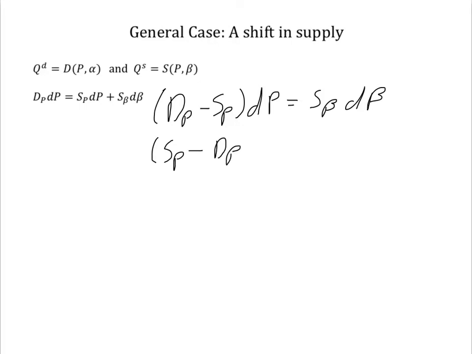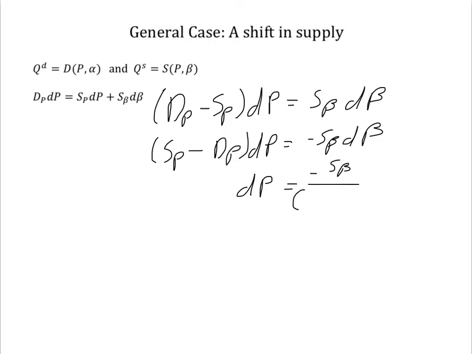D sub p dP is equal to negative s sub beta d beta, or dP is equal to the ratio of the responsiveness of supply to the shifter over the difference between the slope of the supply curve and the slope of the demand curve, multiplied by the size of the change in the shifter.